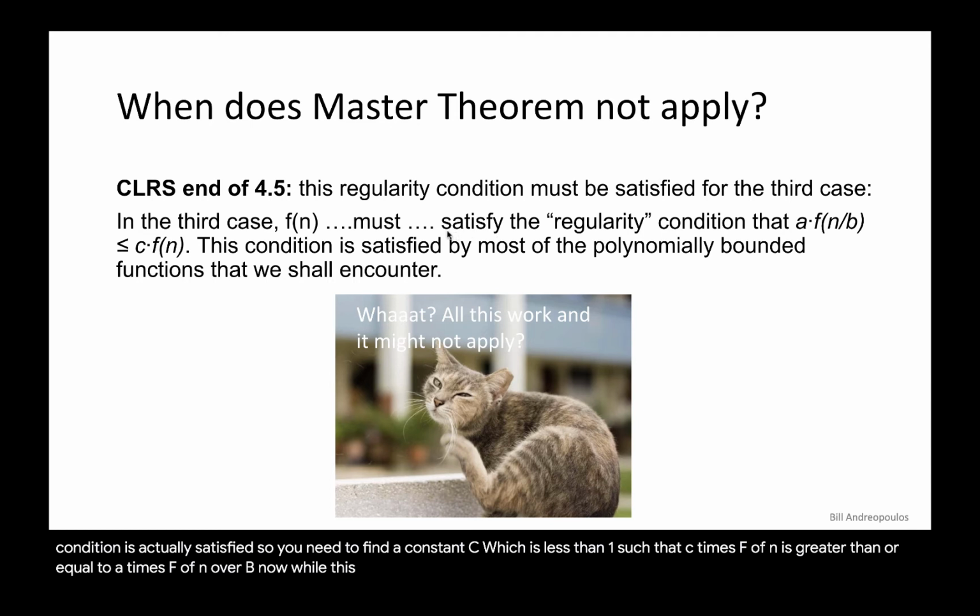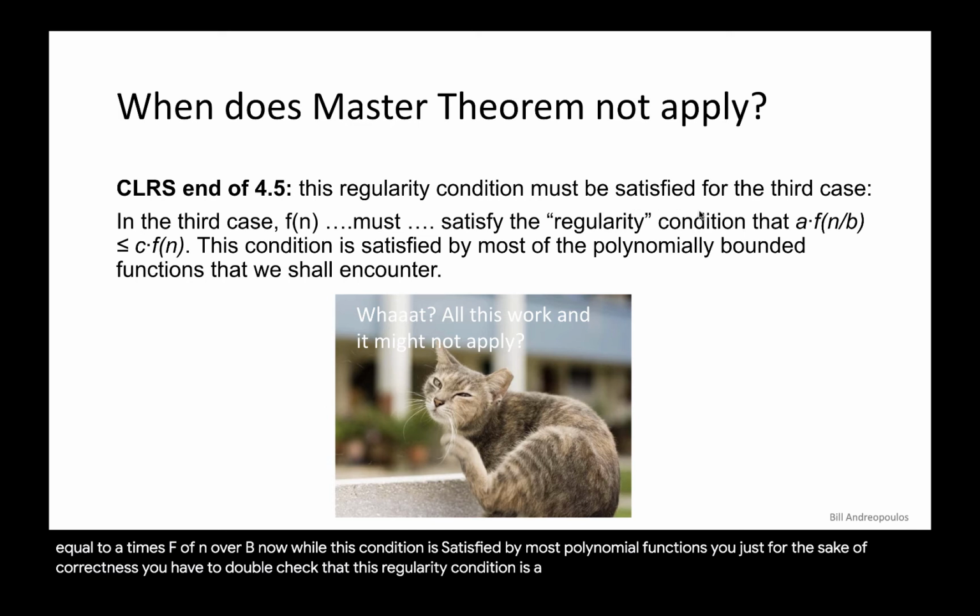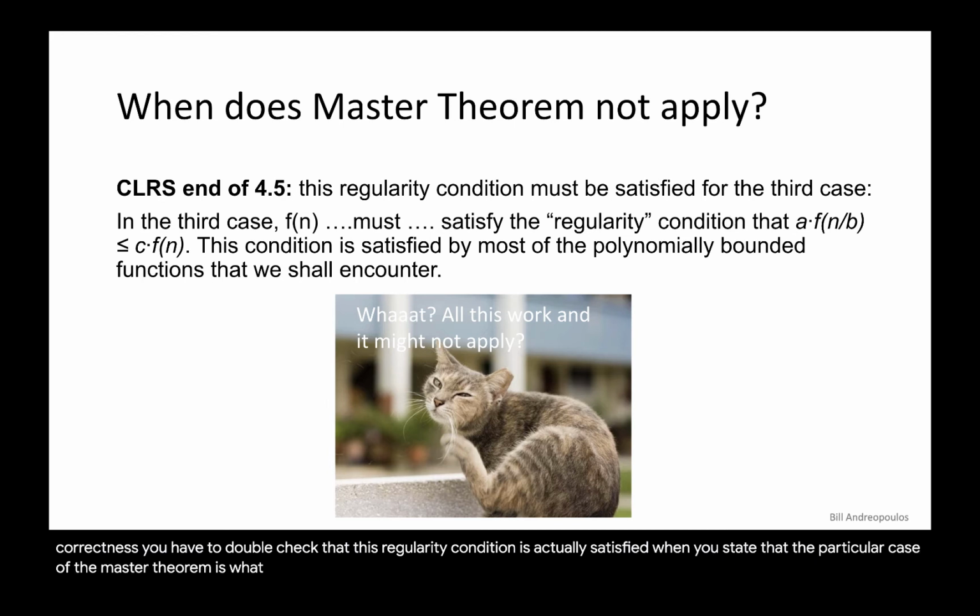While this condition is satisfied by most polynomial functions, just for the sake of correctness, you have to double check that this regularity condition is actually satisfied when you state that this particular case of the master theorem applies to a recurrence relation.